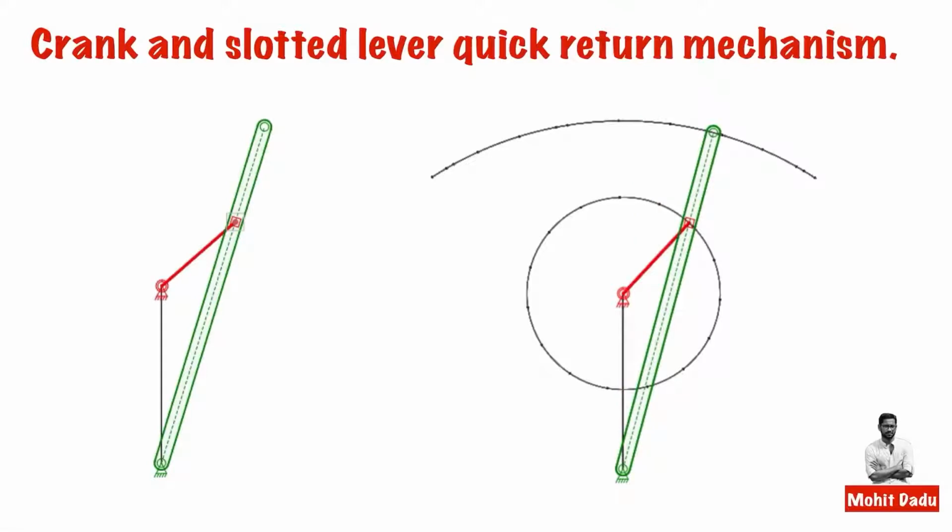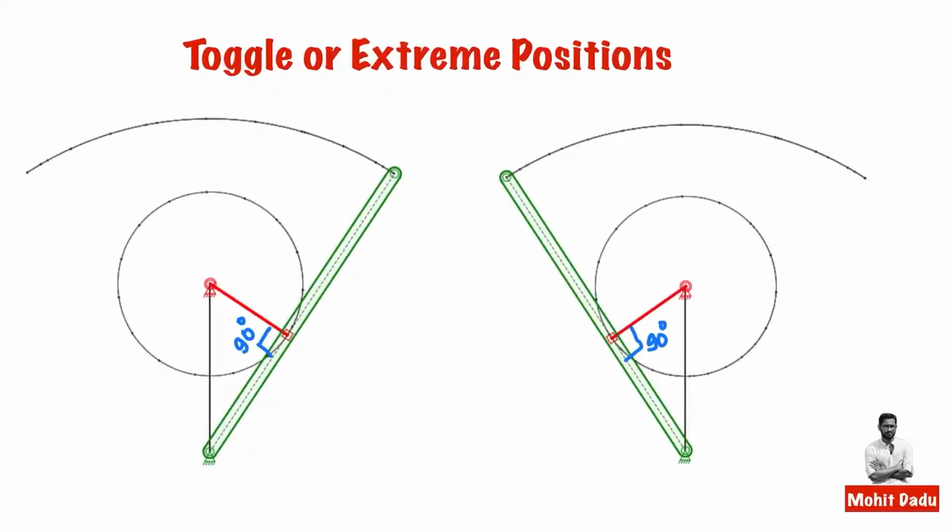Extreme positions will be obtained when this slotted lever becomes tangent to this circle. When it is tangent to the circle, it will be reaching this point, and the other extreme position will be obtained when this slotted lever becomes tangent to the circle on the other side. So I will be showing it here. These are showing the toggle or extreme positions of this mechanism.